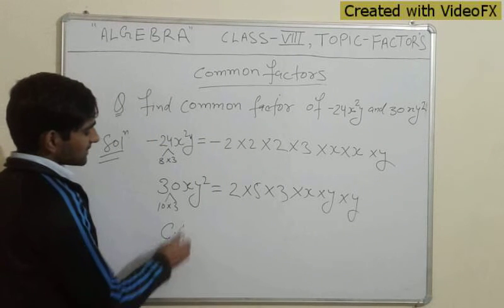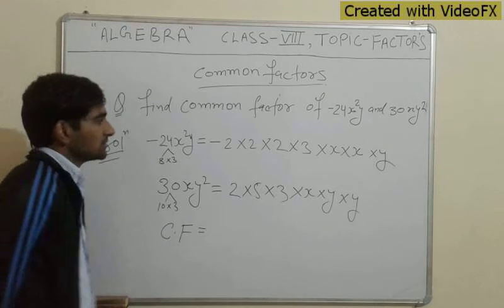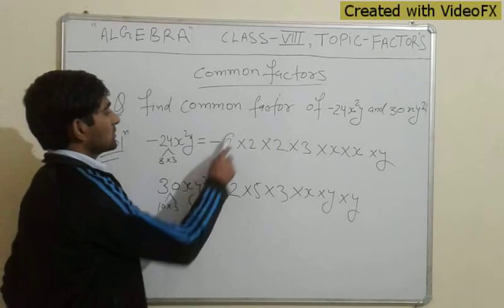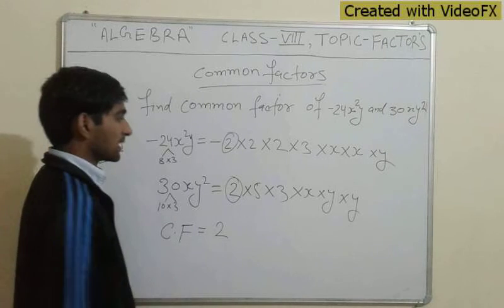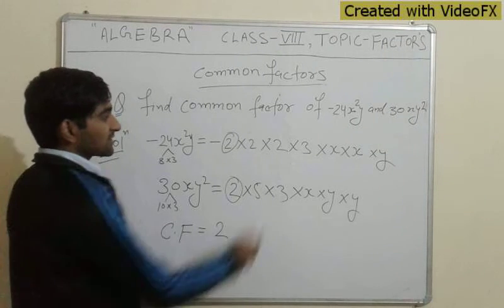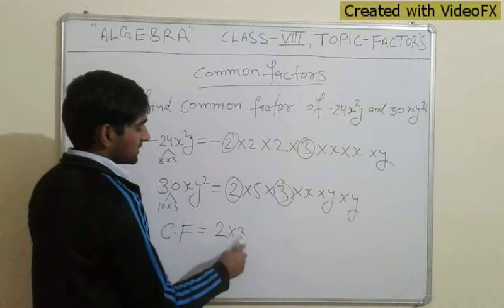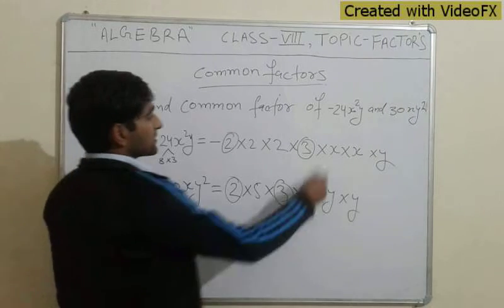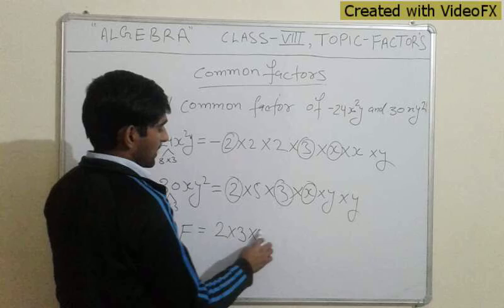So the common factor, CF first, is this 2. 2 is common. Then this 3, this is 3, this is 3. And this x, this x.